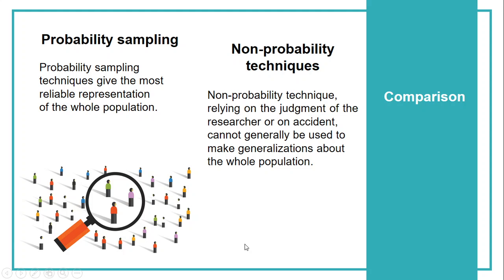I compared probability sampling and non-probability techniques as a conclusion. Probability sampling techniques give the most reliable representation of the whole population.